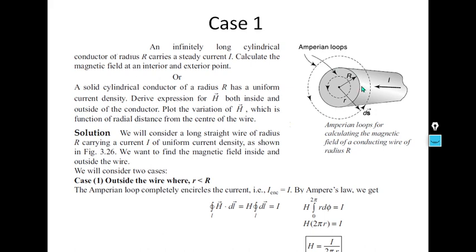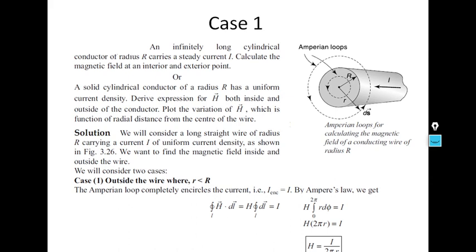But this theory will not be applicable if I go outside this conductor, and we are taking a solid conductor. If we go towards the center of the circle, then field strength will decrease.